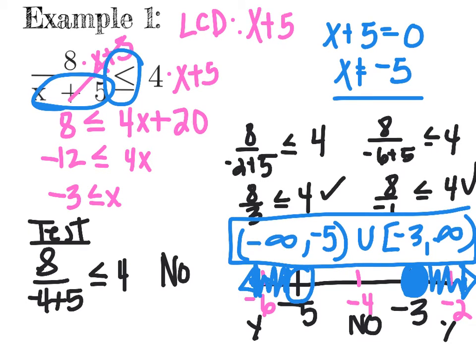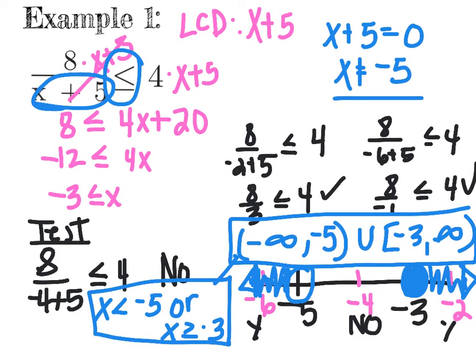We can also write our final answer as an inequality, which will say x is less than negative 5 or x is greater than or equal to negative 3. So both of these are correct. One is just interval notation, one is an inequality. They mean the same thing, so either way you write it would be correct.